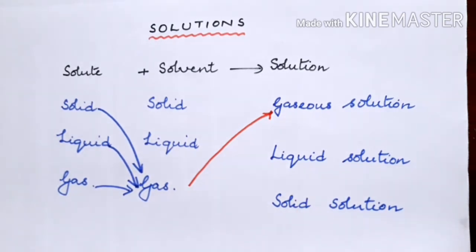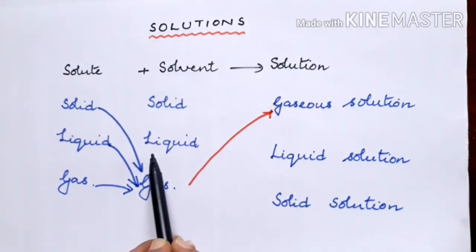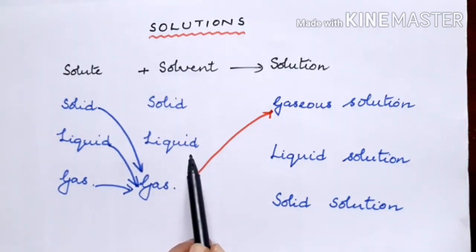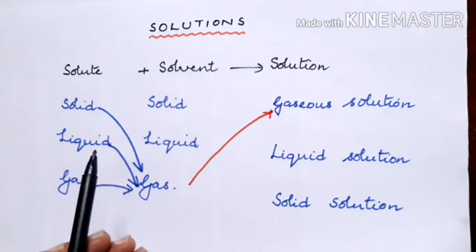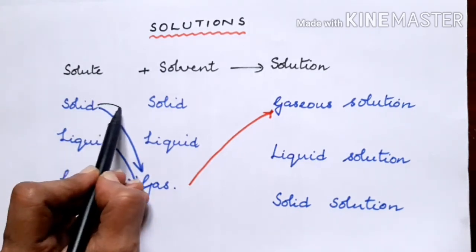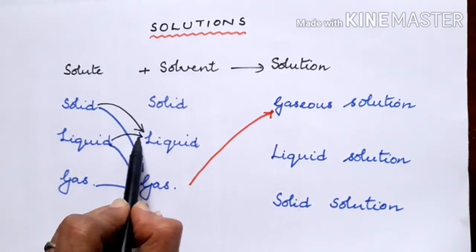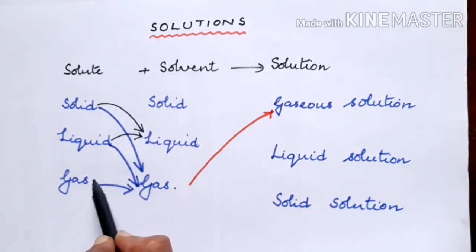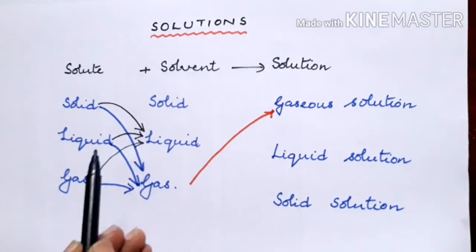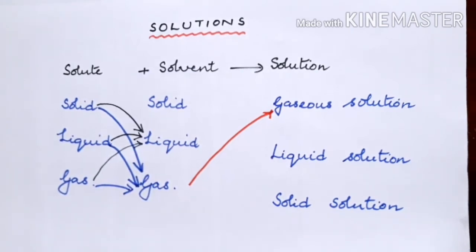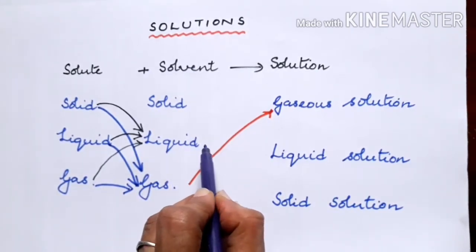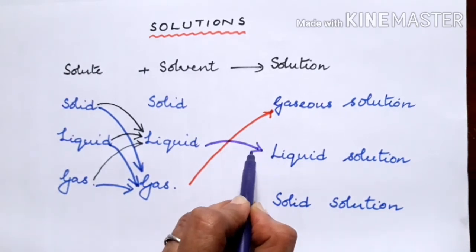Coming to liquid solutions. Liquid solutions are those in which the solvent will always be a liquid. It can be a solid dissolved in a liquid, a liquid dissolved in a liquid, or a gas dissolved in a liquid. That gives the second type, which is called liquid solutions.